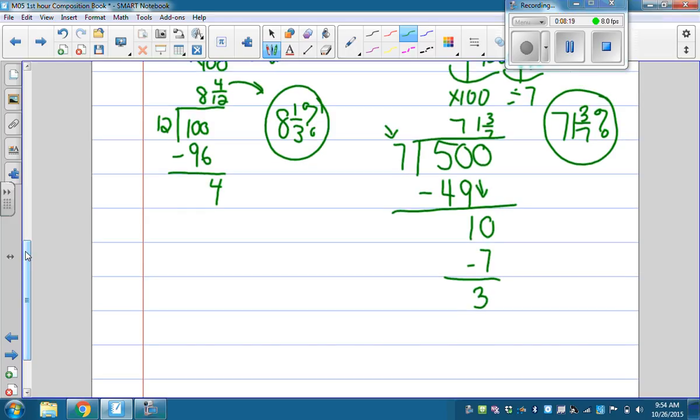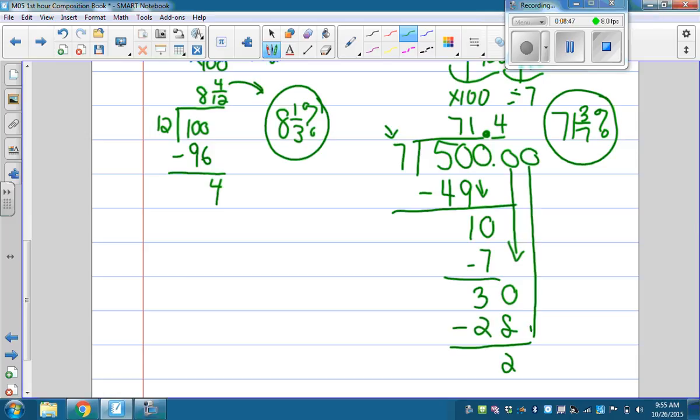Instead of 71 3/7, for those of you who are ready to do decimals, or you just like it, it's not always necessary, but you would put a decimal here. We still would have the 71. But now 7 goes into 34 times. And then you bring down one more 0, and 7 goes into 22 times.